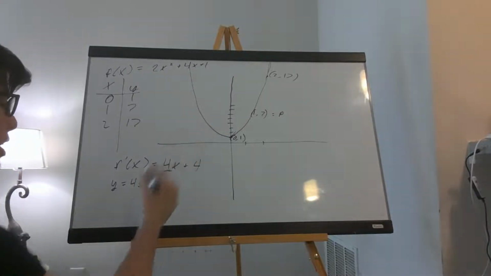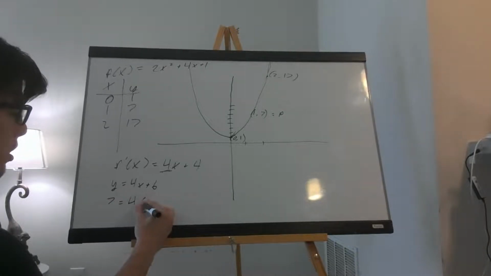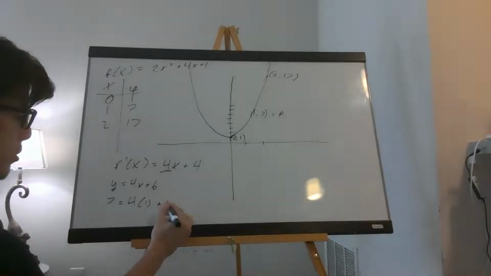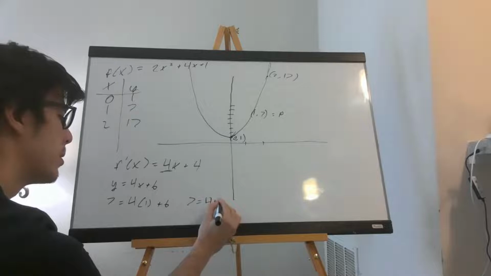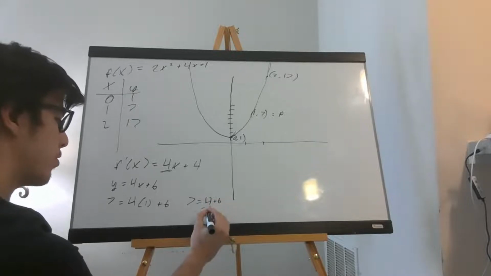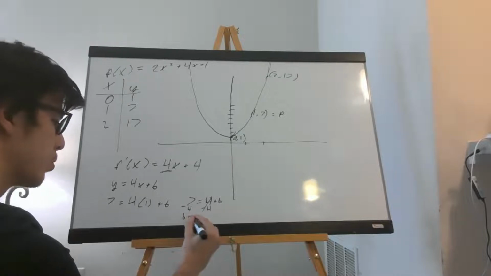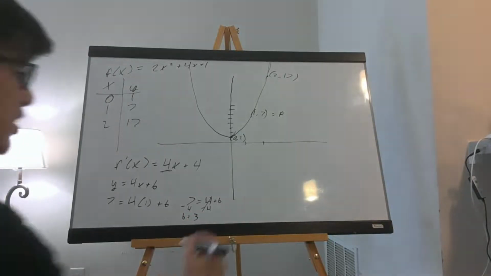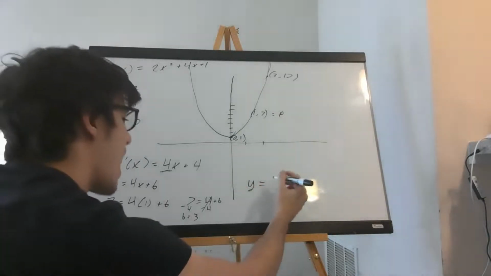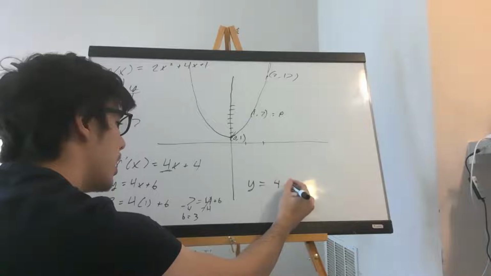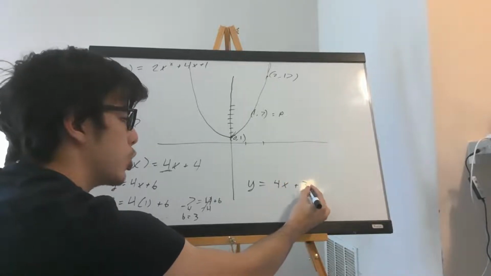Now let's take our point (1, 7). So we got 7 equals 4 times 1 plus b. So 7 equals 4 plus b. Subtract 4 from both sides. We'll find out that b is equal to 3, which gives us a tangent line formula of y = 4x + 3.